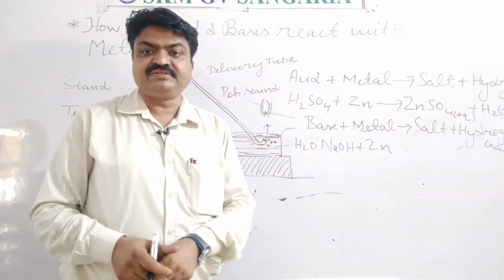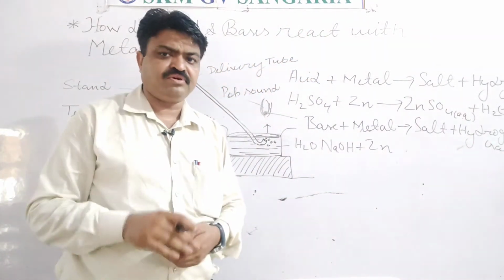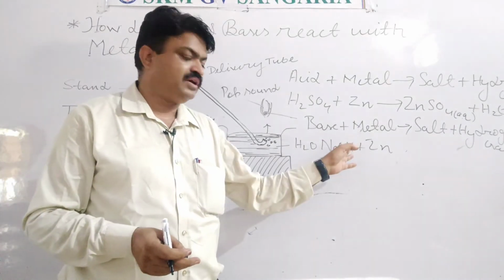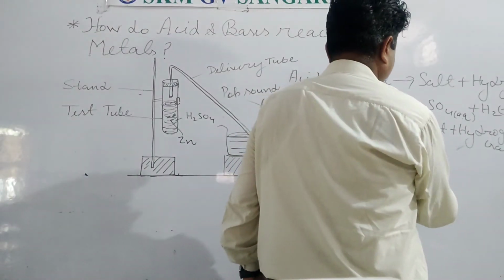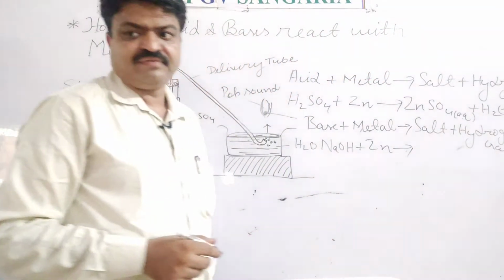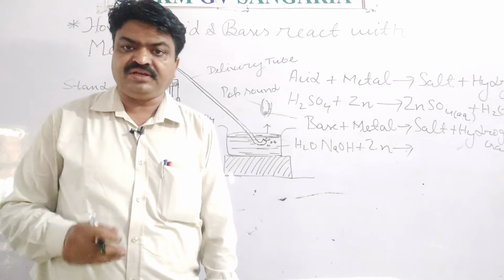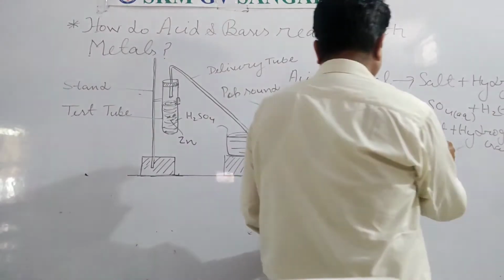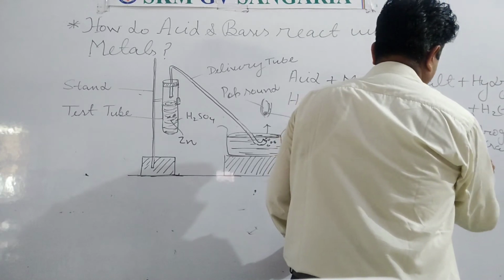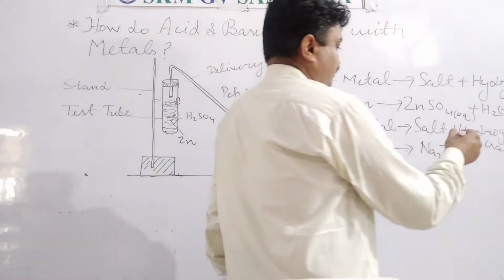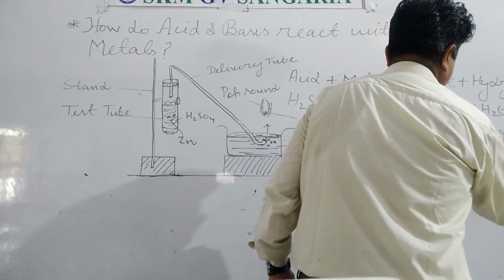We will get one salt, and it is the most important salt, student, and generally it is asked in your board exam. It is sodium zincate, student. And what is the formula of sodium zincate? It is Na2ZnO2, and in this the hydrogen gas is evolved.